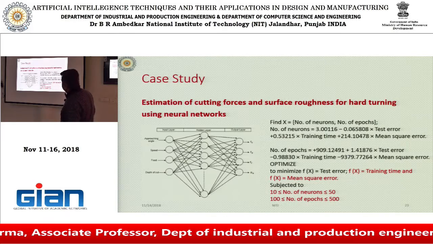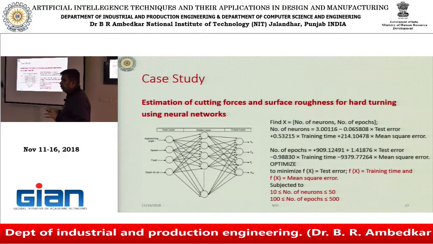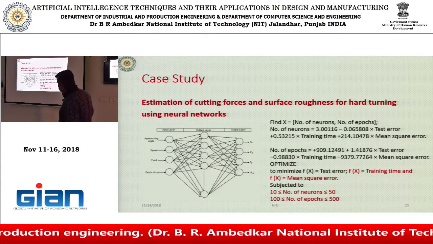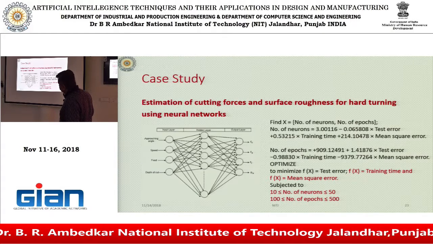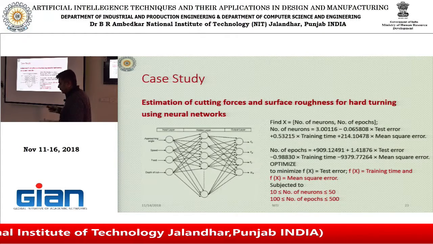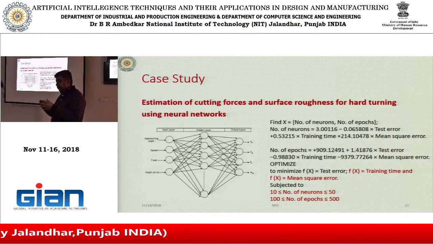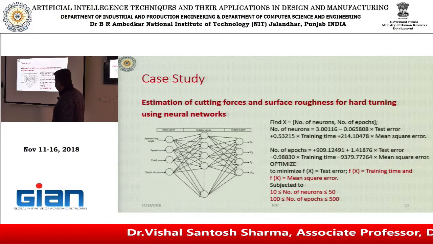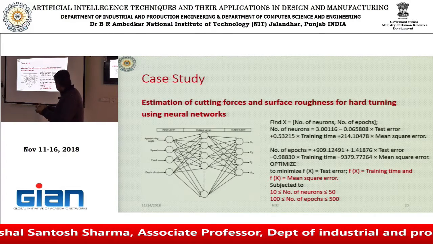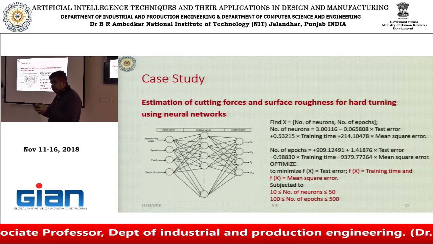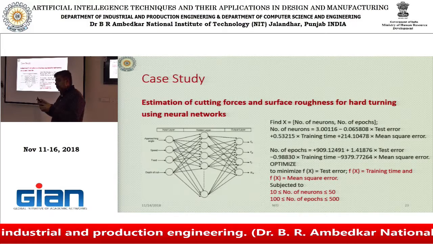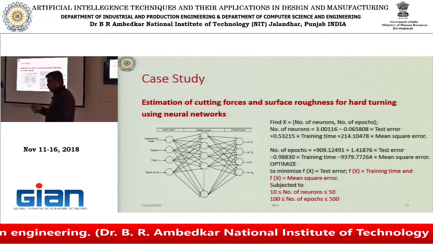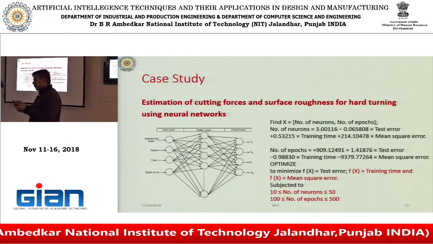Now here we tried some optimization. What I did was play with the number of neurons. If I increase or decrease the number of neurons, what happens? Initially I started with 10 neurons, trained it and tested it.